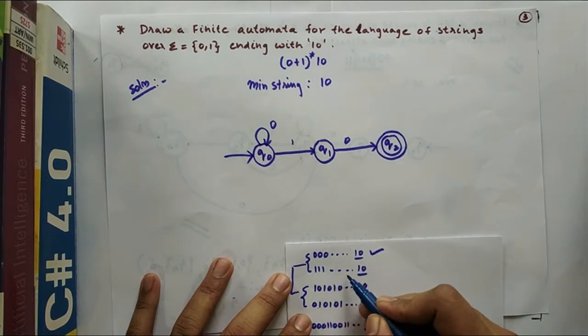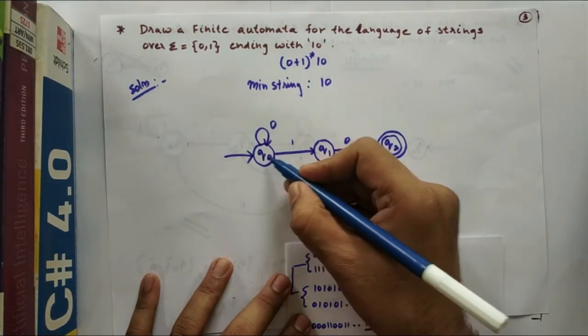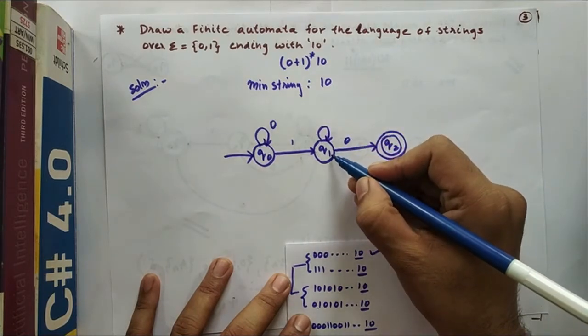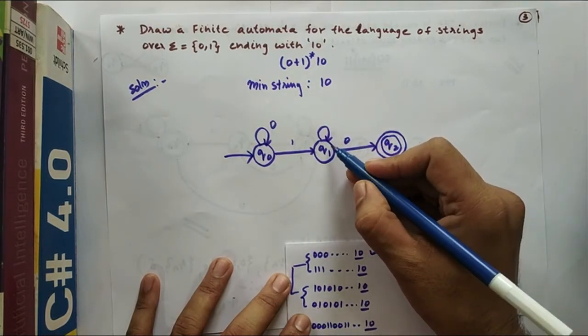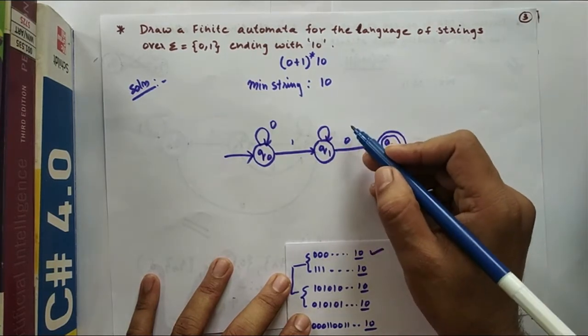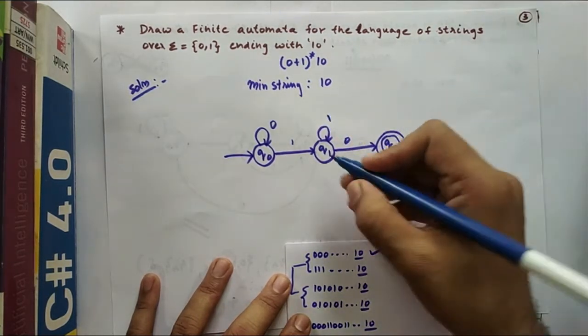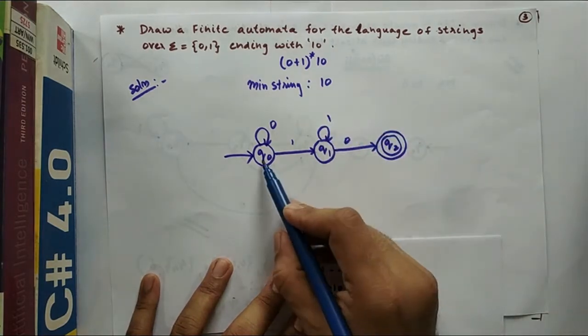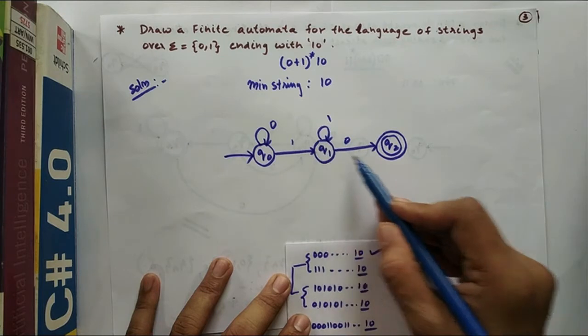Then 1 1 1 1, that is n number of ones ending with 0. Here also I can very well write the self loop, because for Q1 there is no other transition which goes to any other state on reading 1. So Q1 on 1 1 1 1, n number of ones but ending with 0, accepted.